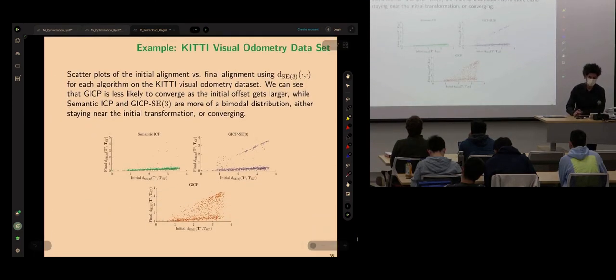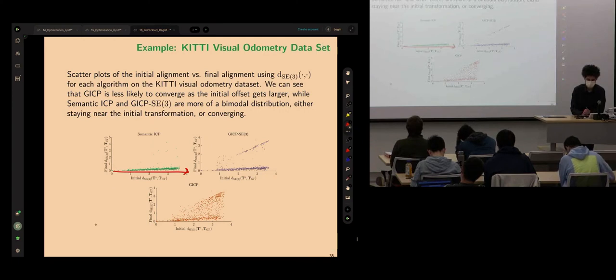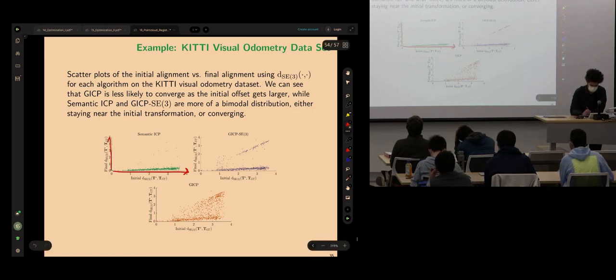Now, you run this on some benchmarks like KITTI, you can see substantial improvement. This is the distance between the ground truth and the initial guess. And this is the distance between the final solution.